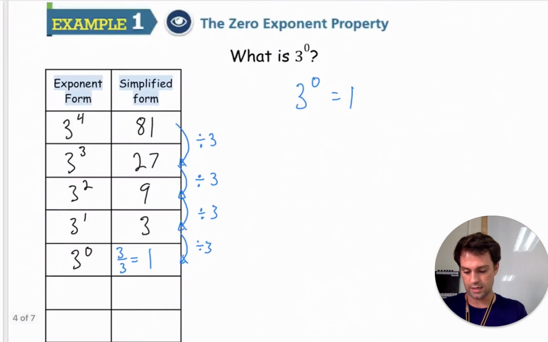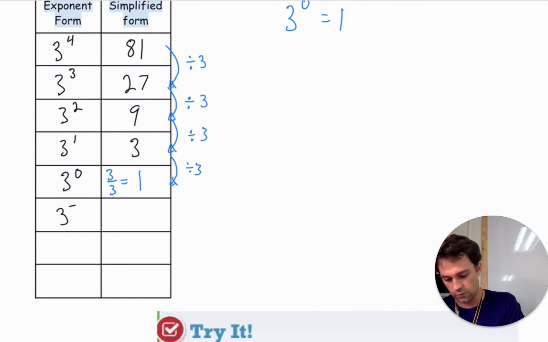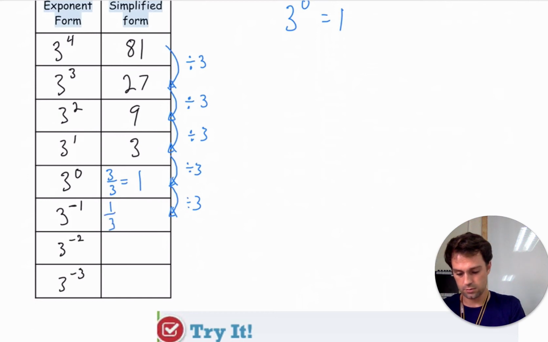So back to our table, go back to your notes in the table. Let's continue this pattern. 3 to the power of negative 1, 3 to the power of negative 2, 3 to the power of negative 3. Okay? So we're going to divide by 3 still. So we have 1 divided by 3, which is 1/3.